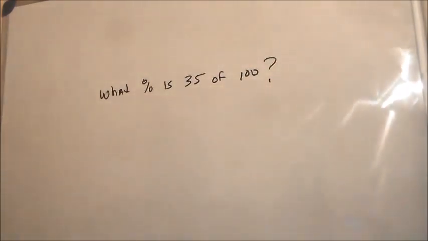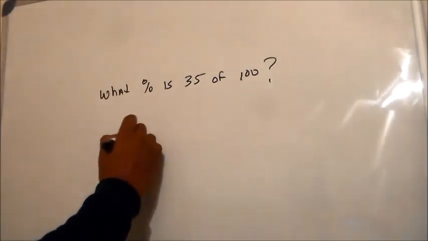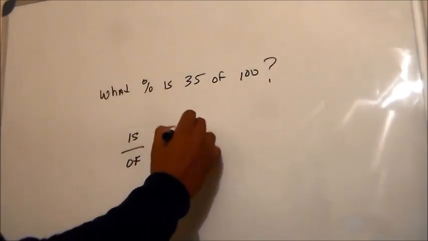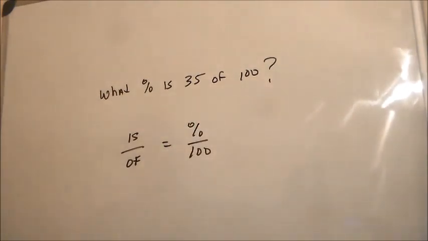What percent is 35 over 100? Well, is over of. So I put is over of as my formula, equals the percentage over 100. All I have to do is cross multiply and divide.